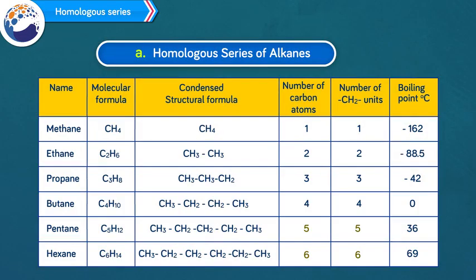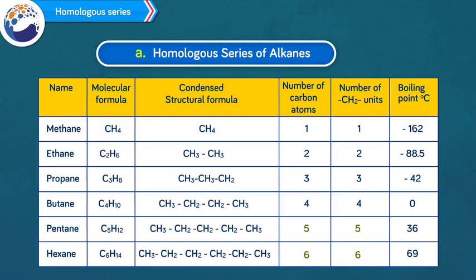A. Homologous series of alkanes. Let's count and write how many carbon atoms are present in the following alkanes. Methane, molecular formula CH4, structural formula CH4. Number of carbon atoms 1, number of CH2 units 1. Boiling point is minus 162. Ethane, molecular formula C2H6, structural formula CH3CH3.